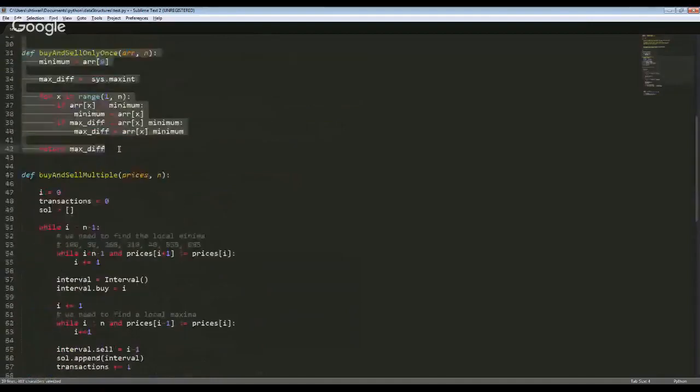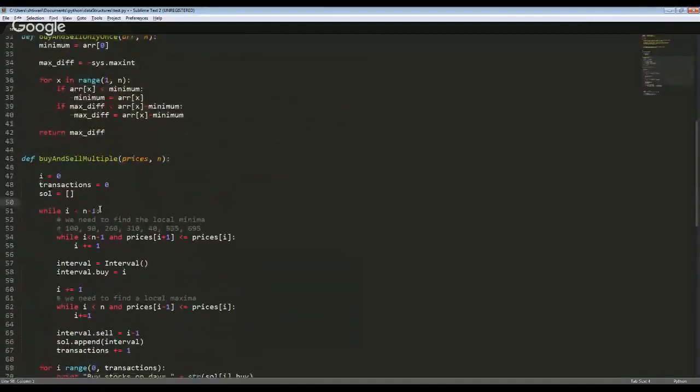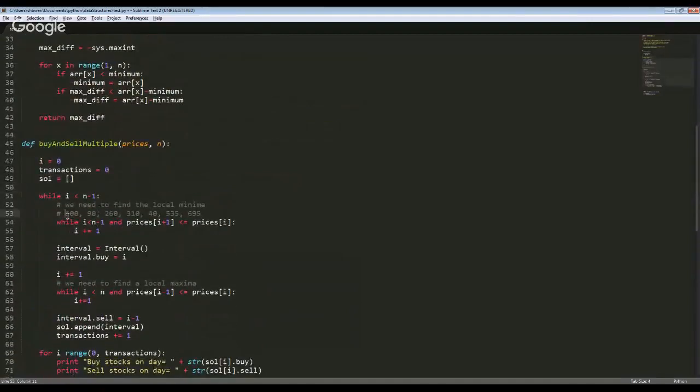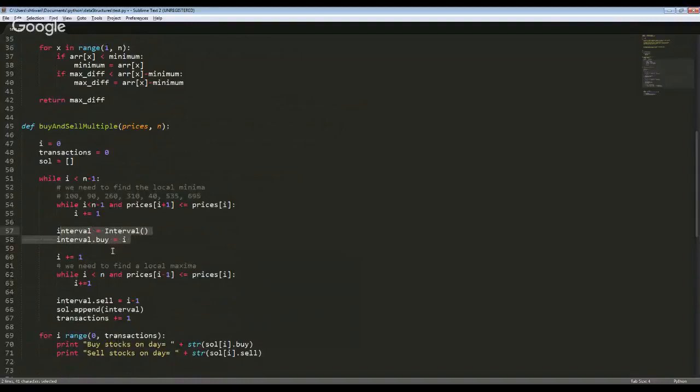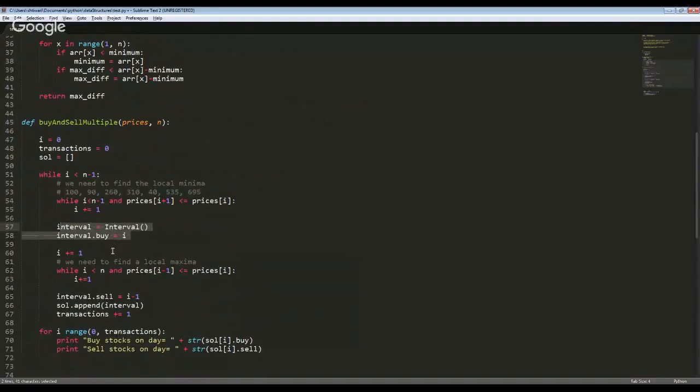Let's check what we are doing. We are trying to find the local minima. In this case, we see that 90 is the local minima as of now, and we will try and buy the stock on the first day. Then we'll store the day on which we bought the stocks in an interval, which will add to the solution set.